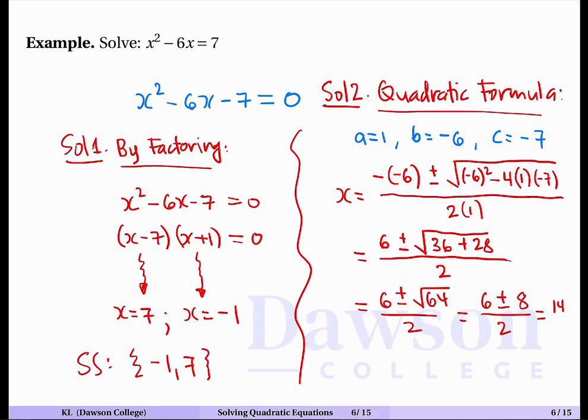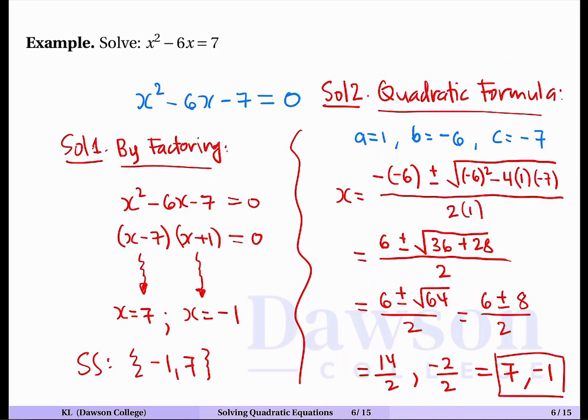If we do the minus part, 6 minus 8, that will be negative 2 over 2. So 14 over 2, that's your 7. Negative 2 over 2, that's your negative 1. So you get the same answers as this: x equals 7, x equals negative 1.